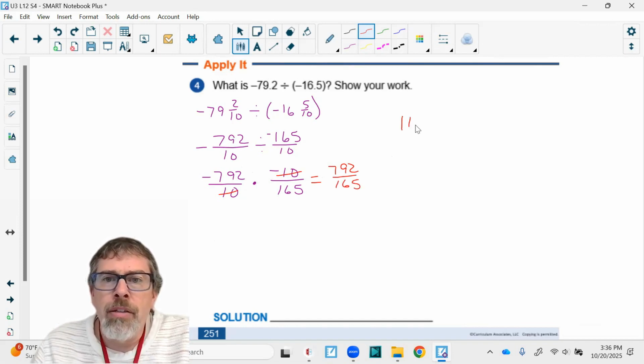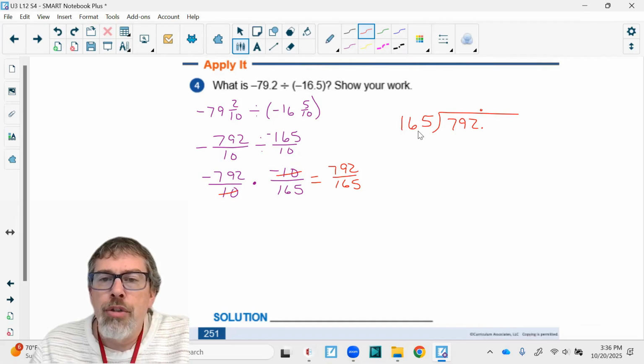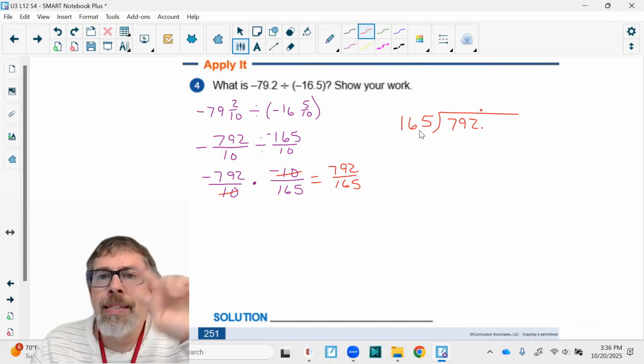So if I do that long division, 165 and 165 is 330. That's 2. Double that, that's 660.